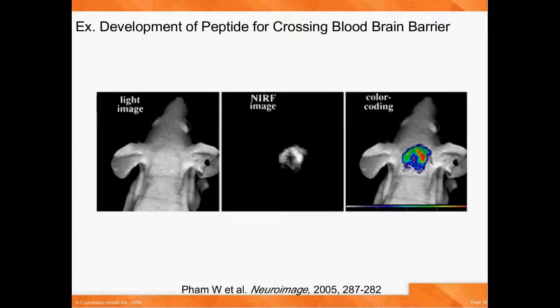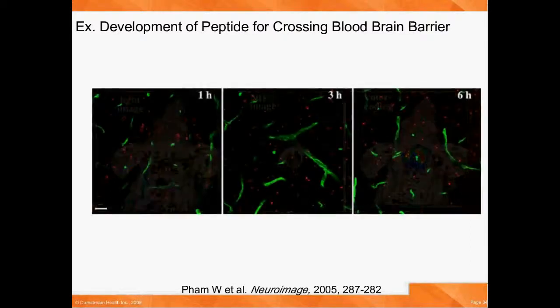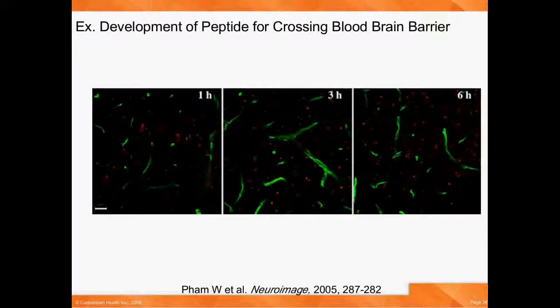The key experiment is they then took out the brain, confirmed that it was hot by near-infrared fluorescence, and then translated those brain slices over to a fluorescence microscope. Because their peptide was already fluorescently labeled, they didn't have to do any other type of staining for their probe.